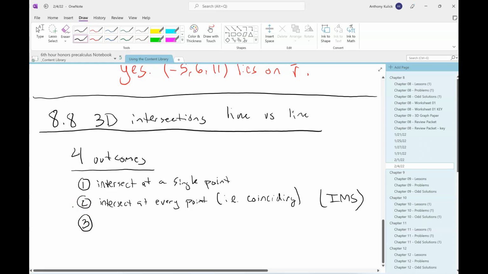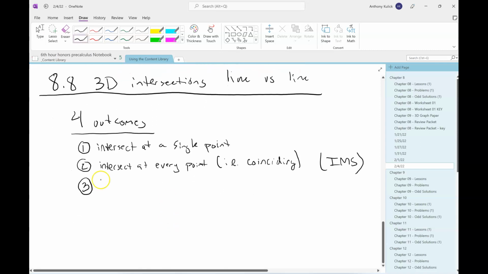Now the last two outcomes are actually both no solution situations. So one is where the lines are parallel.